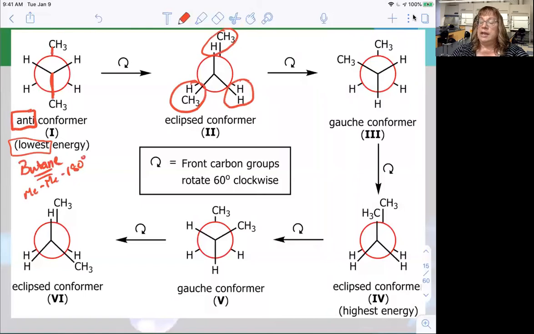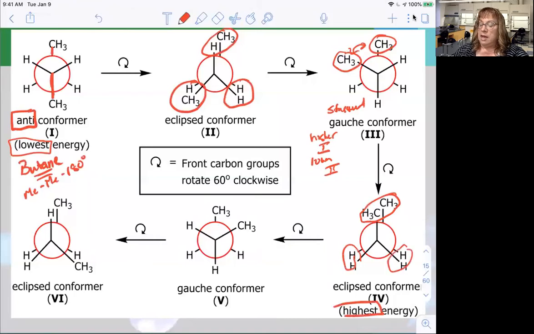Then I go to anti, but here I have this gauche interaction. So this is going to be higher in energy than 1, but lower in energy than 2, because this is still staggered. Then when I rotate, I get this very high methyl-methyl eclipsing. That's going to be the highest energy in terms of the higher energy eclipsed.